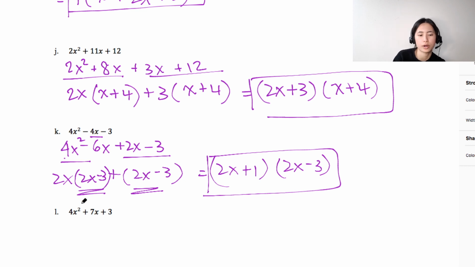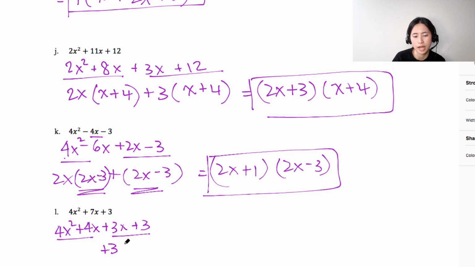Okay, if you look at 4x squared plus 7x plus 3, in that case your 7x, you can split this into 4x and 3x. And basically, this is plus 3, then you have 4x squared. The reason I'm grouping this based on 4 and 3 is because I wanted to have just one on each side. Because of this plus 3x, you're going to have a greatest common factor of 3, and then this would be x plus 1.